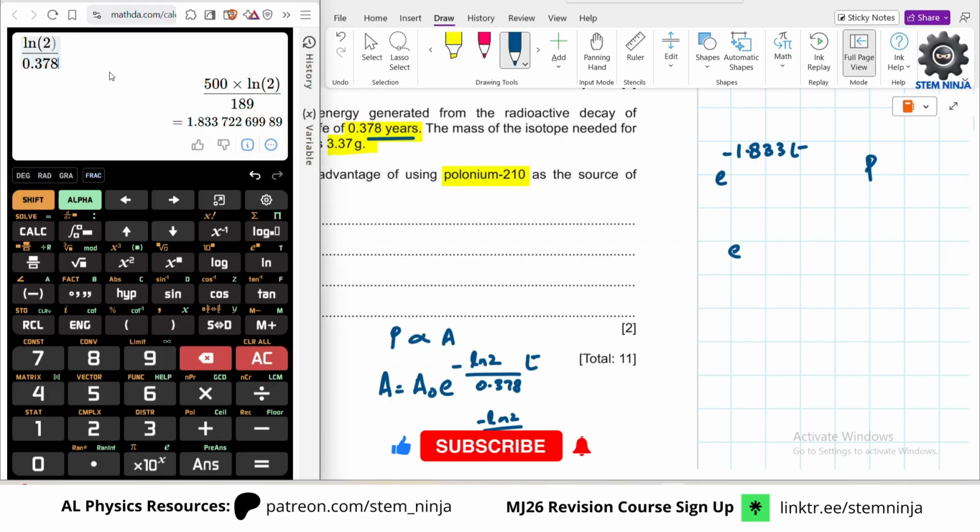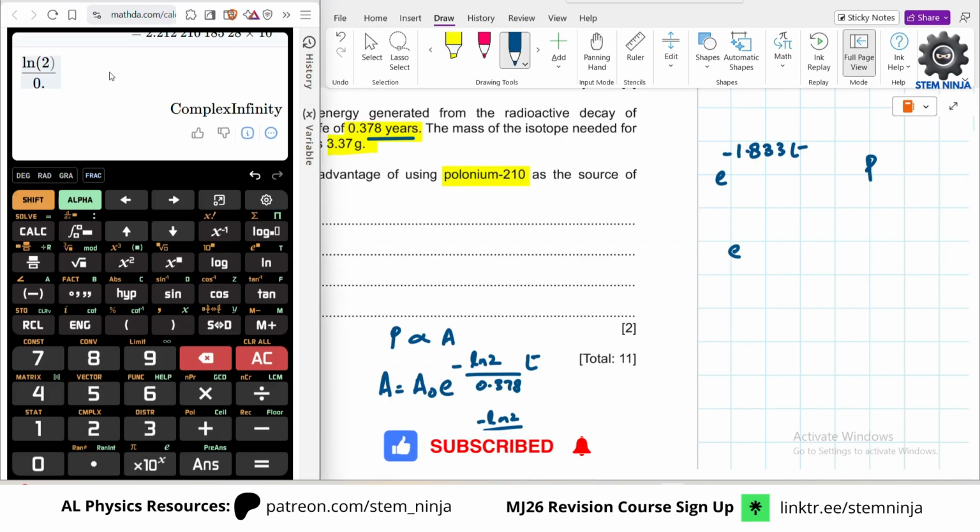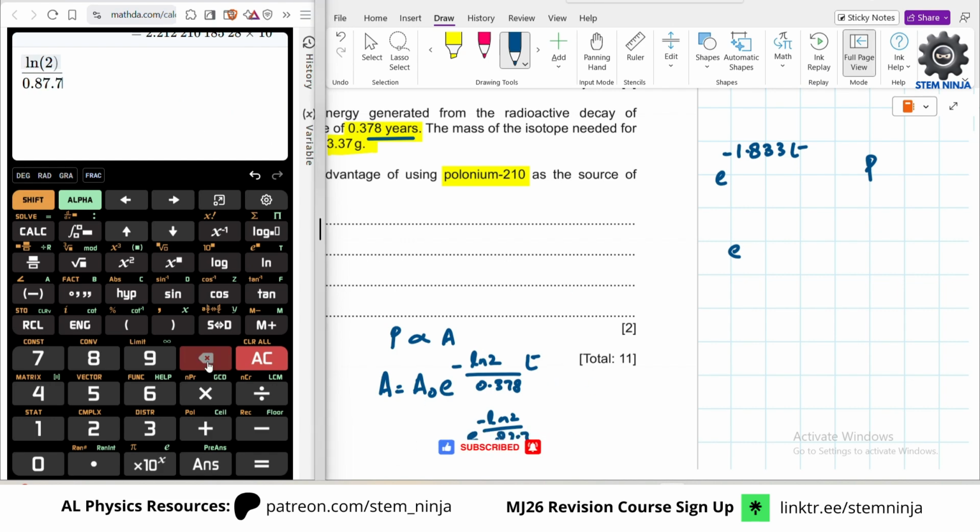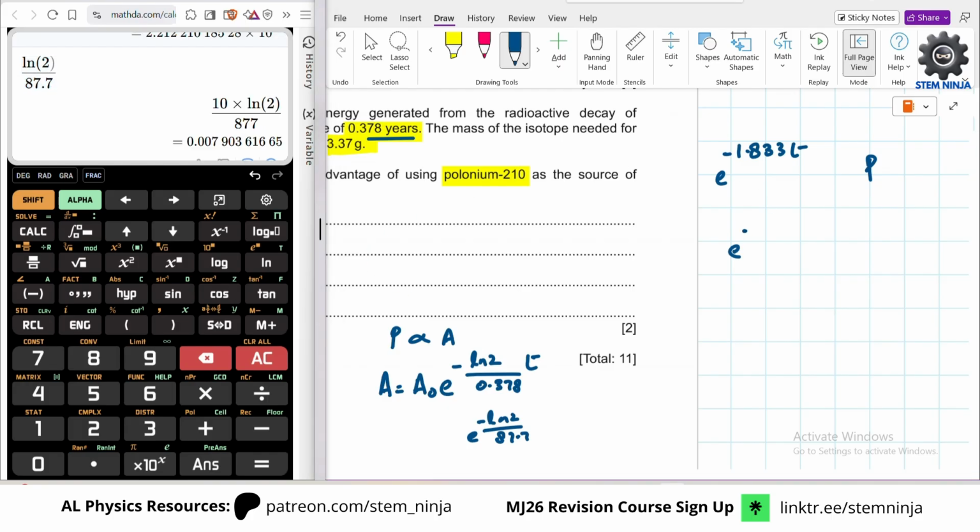Now we need the 87.7. No, 87.7. See, this is going to be very small, 0.007t. This means the rate of change. This is basically the rate of change.